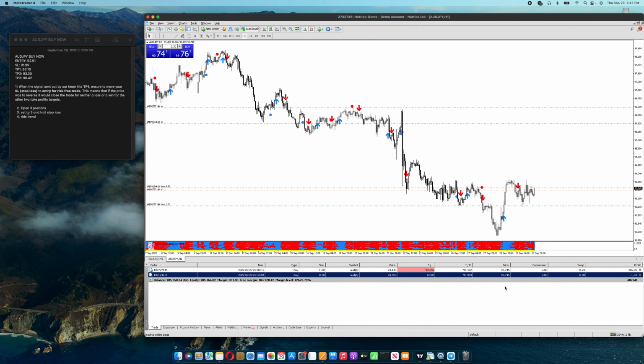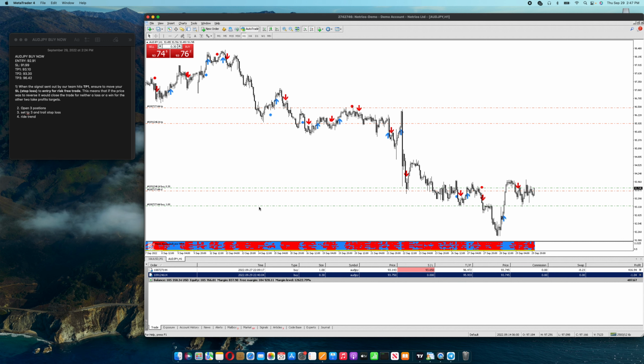Yes, and it's better to expect drawdown than to think that you won't have any at all, because most of the time when you're trading forex, drawdown is consistent. You will always have drawdown. The ones who make it out of drawdown is how you hit this TP up here and get $2,000, right?